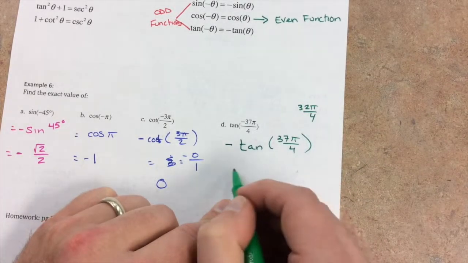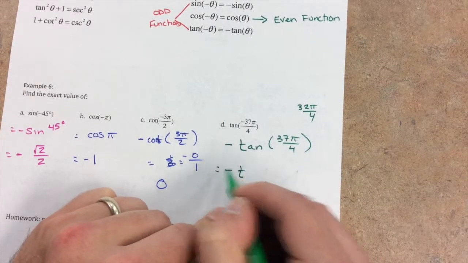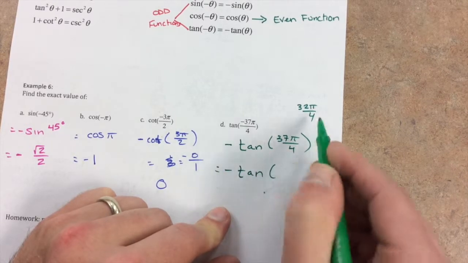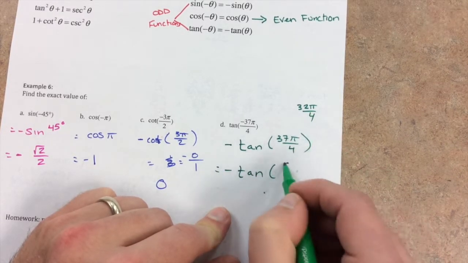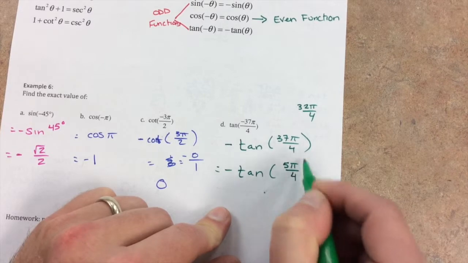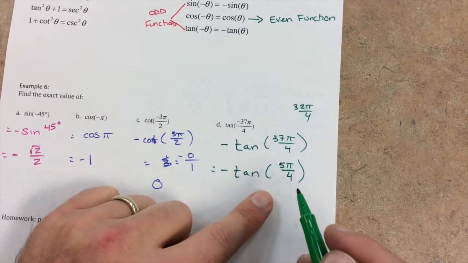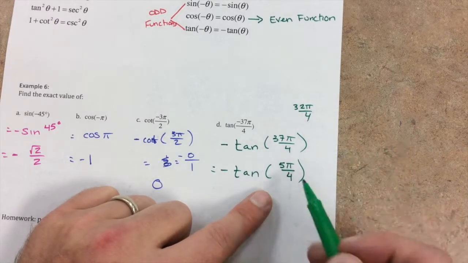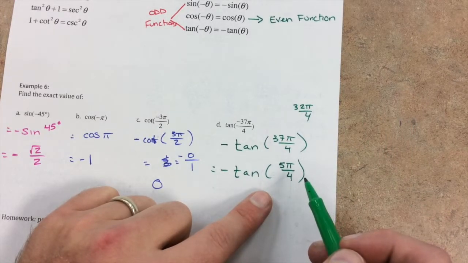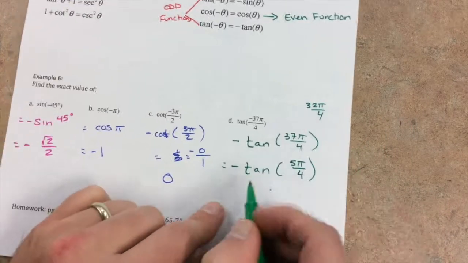So if I do that, this is the same thing as the negative tangent of 37 minus 32, which is 5 pi over 4. 5 pi over 4 is on the unit circle. I know what that is. That is positive 1, and I'm just going to make that negative.